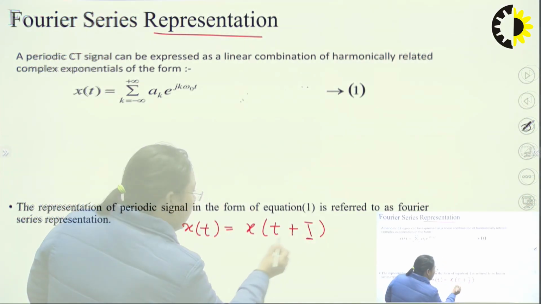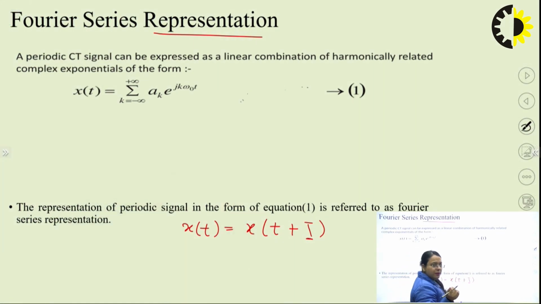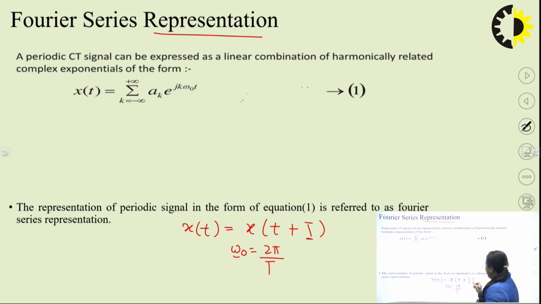So the fundamental time period is capital T, and the fundamental frequency can be represented by 2 pi by T. We know that there are basically two periodic signals.